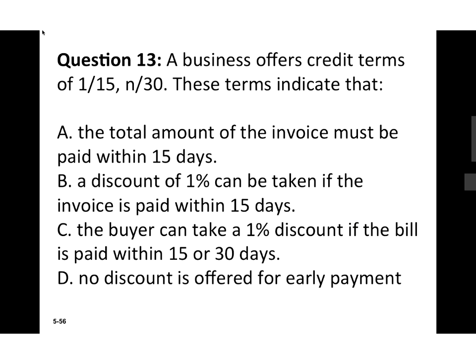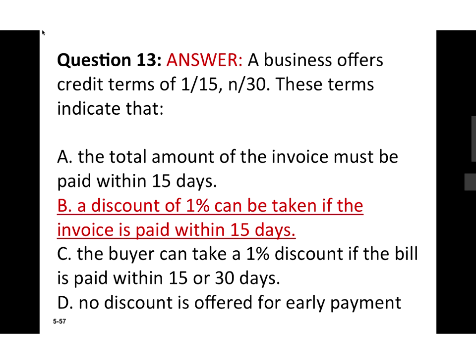The net 30 means that if you don't pay within the 15 days, you have to pay it within the 30 regardless. So the answer is going to be B, a discount of 1% can be taken if the invoice is paid within 15 days. C is not right because you don't get the discount if you pay in 30 days. You only get the discount if you pay within the 15 days.